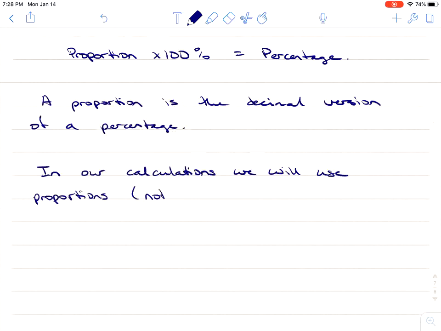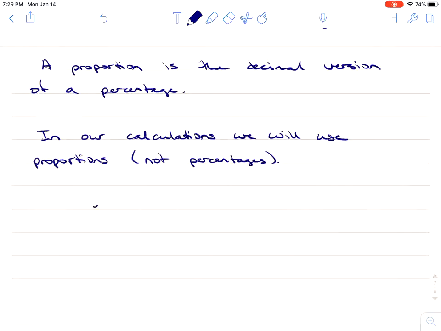I'll put in brackets, not percentages. So 80% we would use 0.8 instead. 0.8 in calculations.